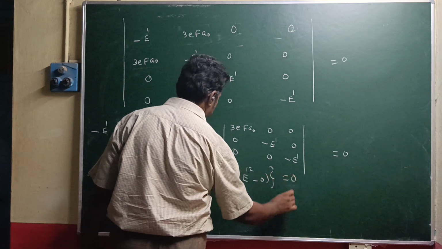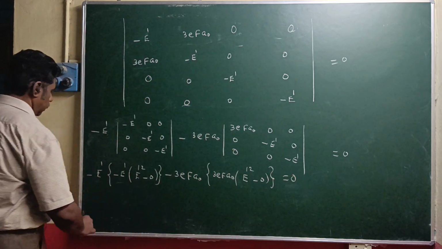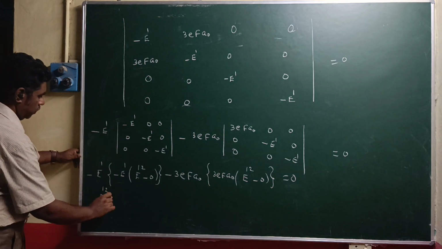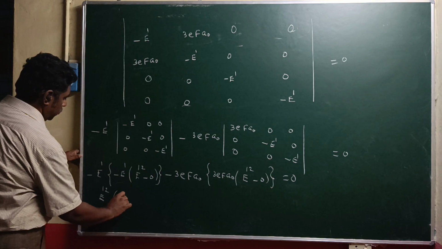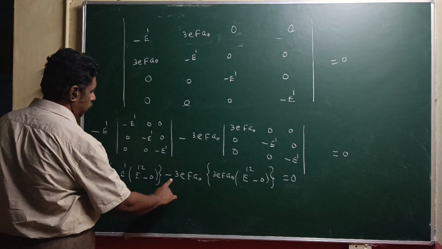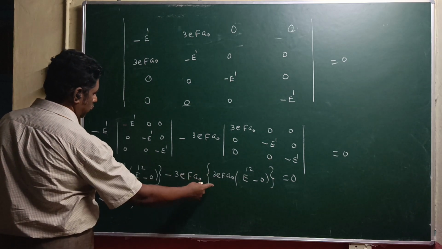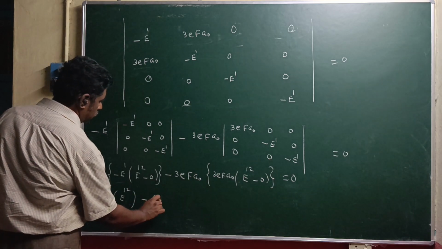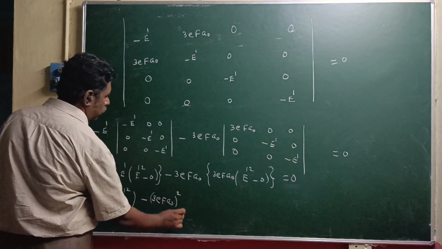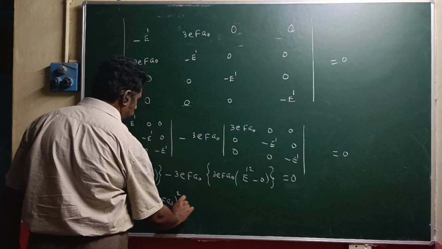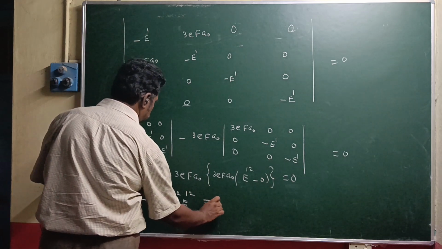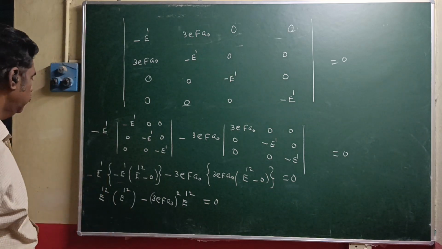The entire expression is equal to 0. This is minus E1 into minus E1 plus E1 square into E1 square, and here minus 3eF a0 whole square into E1 square is equal to 0. Note it is not E power 1, just E1.